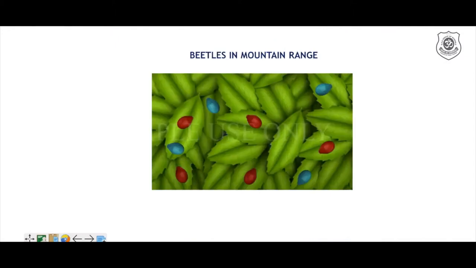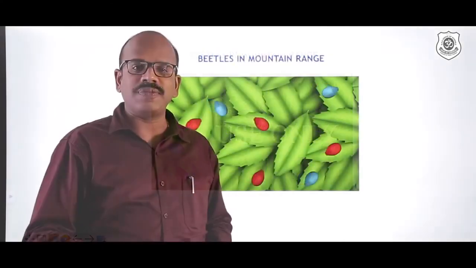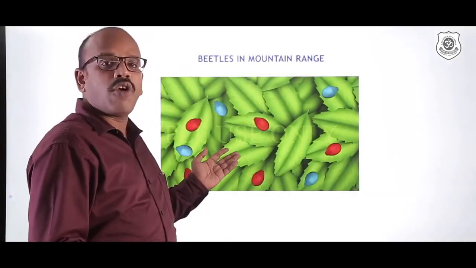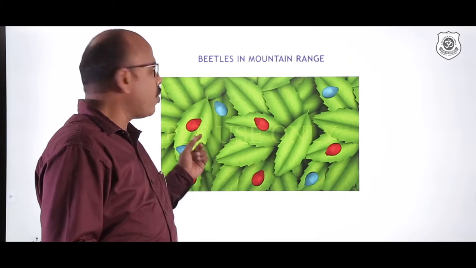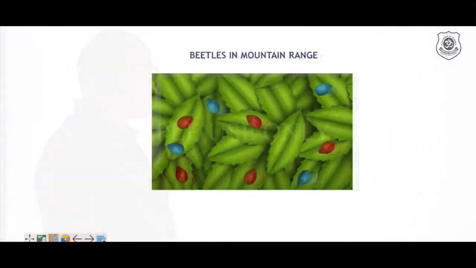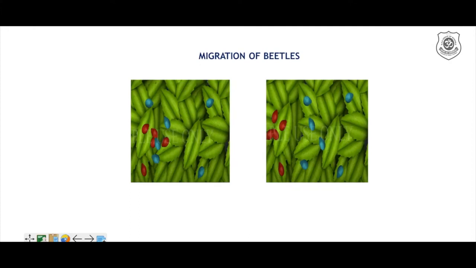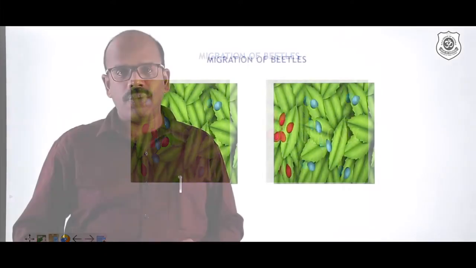Now, let us see the population of beetles, what we have discussed in the variation. These are the population of beetles with two types of color. One is a red color and the other one is a blue color. Now, this population of beetles is going to be in a mountain range, for example.